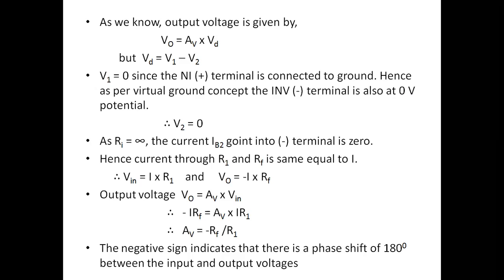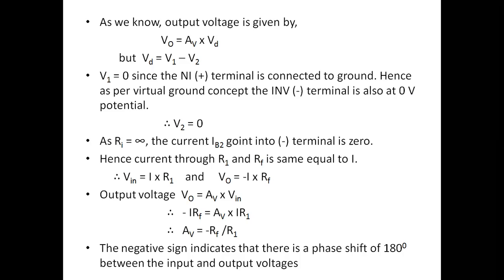But we are aware that the output voltage is in terms of input voltage and the voltage gain. So we can write VO equal to AV into VD. VD is nothing but the differential voltage. It is the difference between the two input voltages, non-inverting and inverting. But according to virtual ground, we get V1 equal to V2 equal to 0 volt.